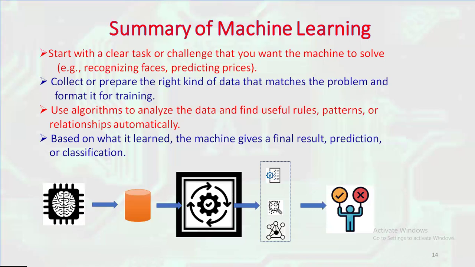This final step is where the machine demonstrates its learned ability by offering meaningful predictions or decisions, enabling automation, insights, or intelligent behavior in real world applications. So, in this way, the machines are helping us to find out or predict the patterns.